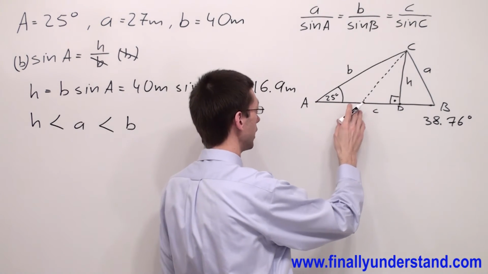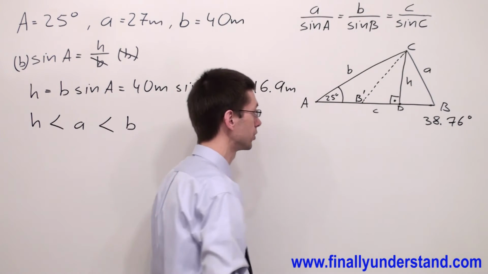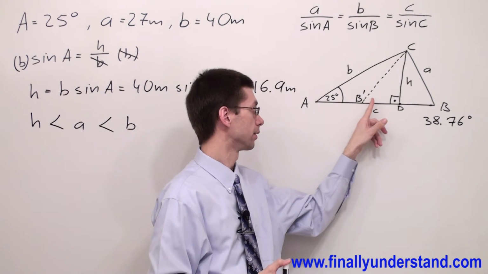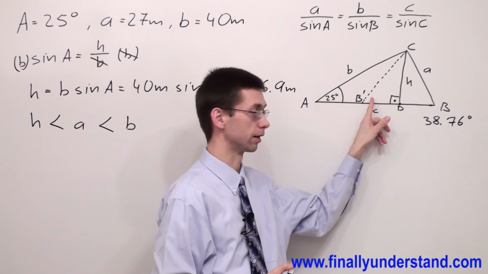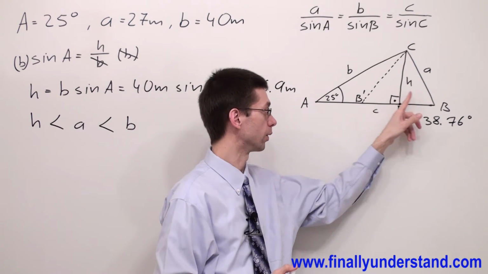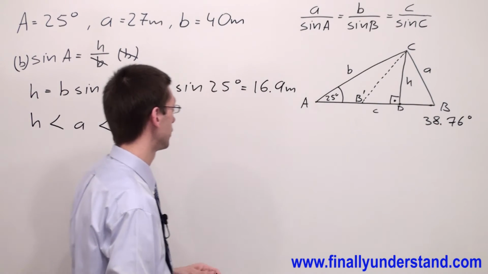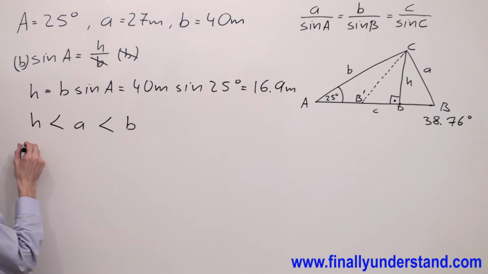So I'm going to have angle, this time, B prime. This is the supplementary angle for my angle B. Please keep in mind that this angle is going to be equal to this angle. So the very first thing I'm going to do is find the value of angle B prime.